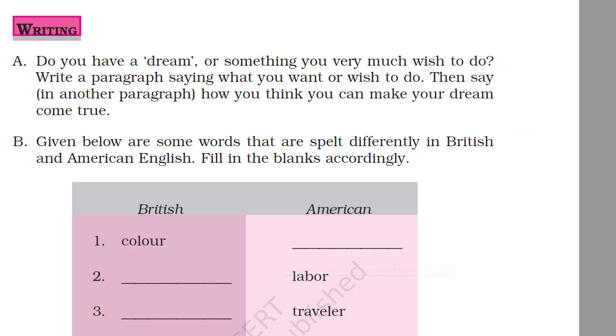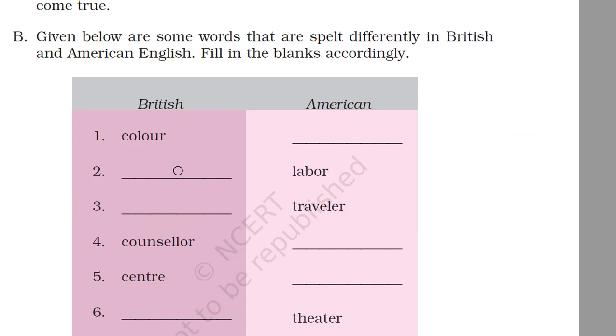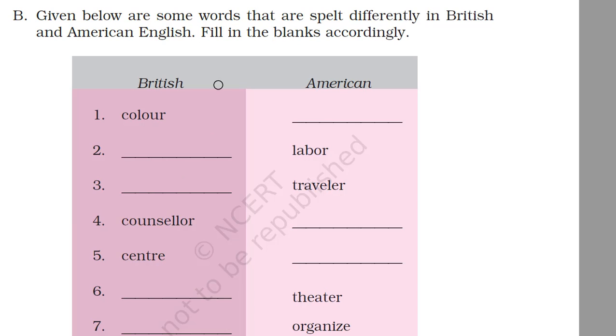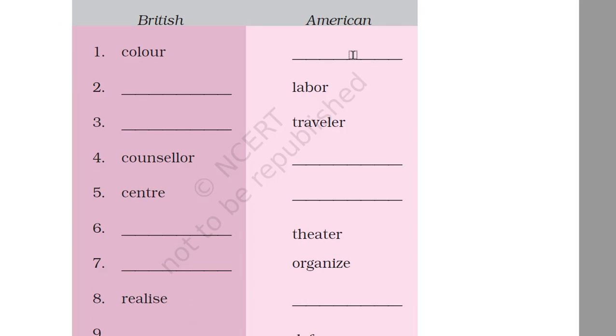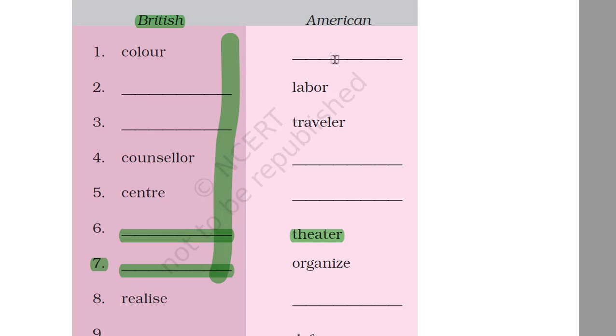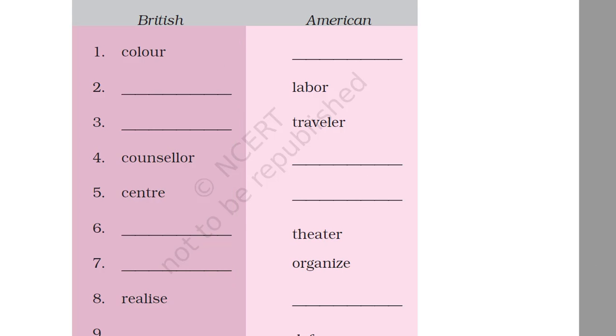understood? Okay. So let's see exercise B. Given below are some words that are spelled differently in British and American English. Fill in the blanks accordingly. See here, in this part we need to write British, and in this part we need to write American English words.